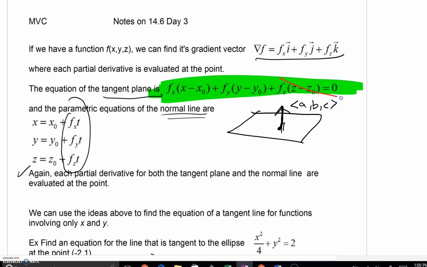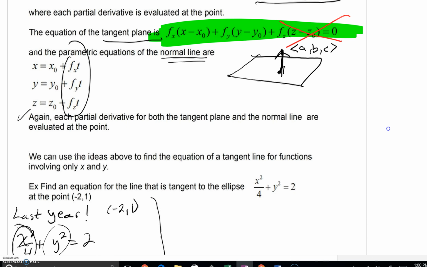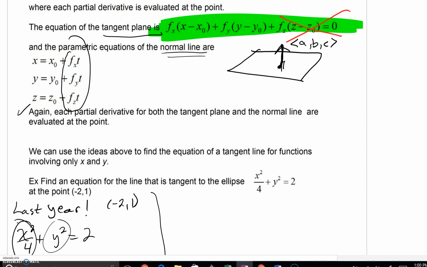Hey, wait a minute, could we still write that out? Imagine that the f of z times z minus z naught was gone. You bet. Let's write our tangent plane equation losing the three-dimensional aspect of it.